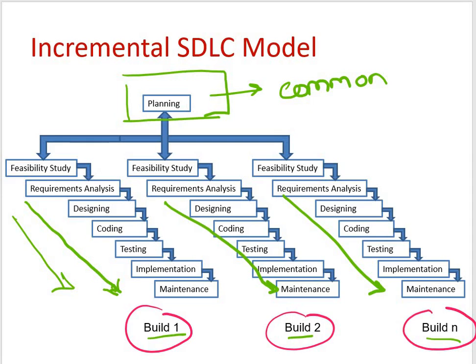So unlike the previous model, it goes through the same set of activities, which is feasibility study, requirements analysis, design, coding, testing, then implementation, maintenance, but it is done iteratively for each build. And these builds are nothing but your phases as well. You can call these builds phases as well.